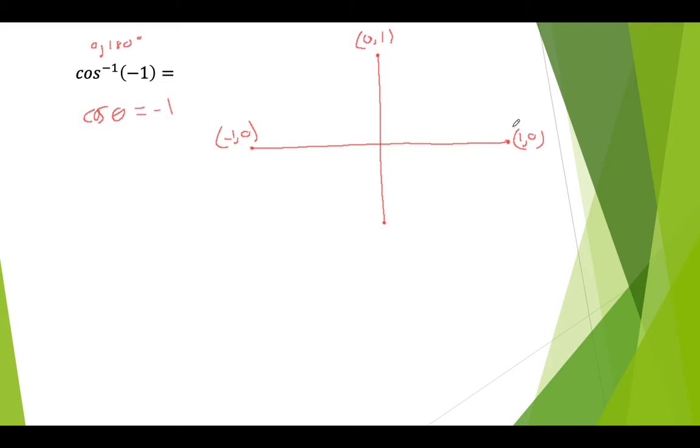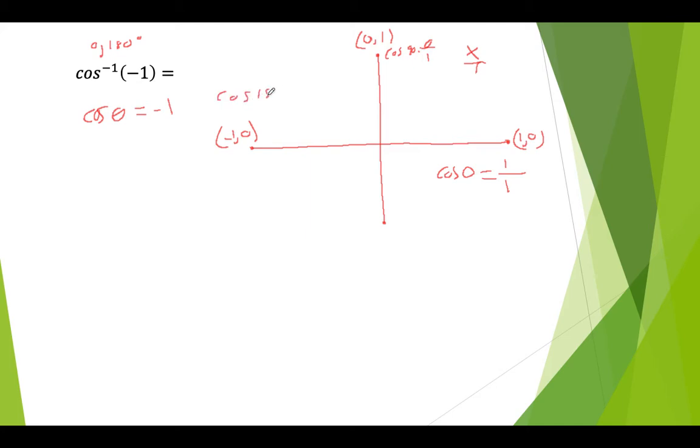So cosine. Well, cosine is x over r. So cosine at 0 would equal, well, x is 1, r is 1. That's +1. Nope, that's not our guy. Cosine at 90 would equal, well, 0 over 1, which is 0.